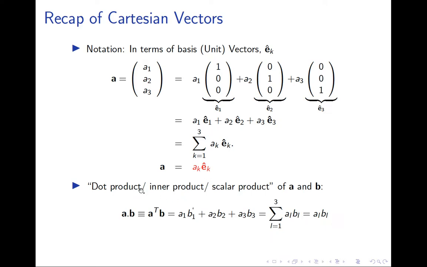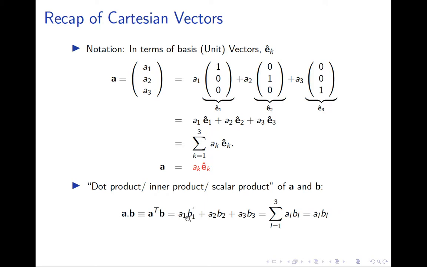We also introduced the dot product, or scalar product, or inner product of two vectors. So a dot b is defined to be a transpose times b in terms of matrices. This is a row vector and this is a column vector, so it will give you a number, or a 1 by 1 matrix.